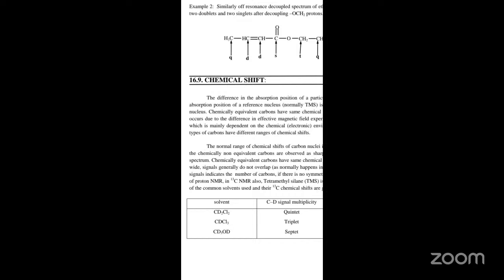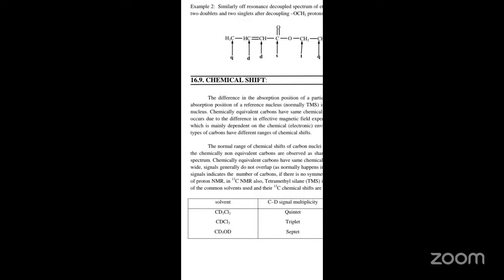And why we use TMS is because it is chemically inert and carries four methyl groups, and it appears at zero chemical shift value. So it won't interfere in the spectra.